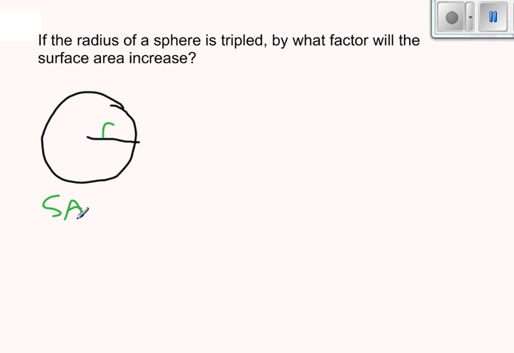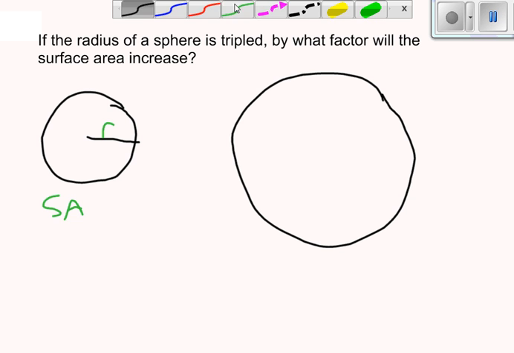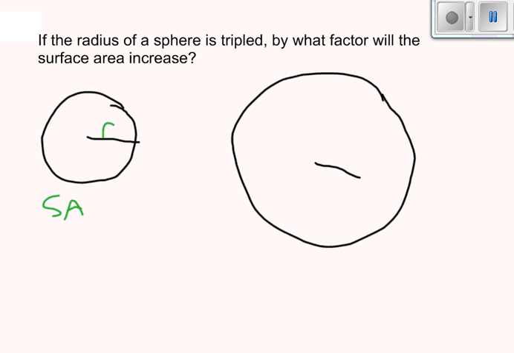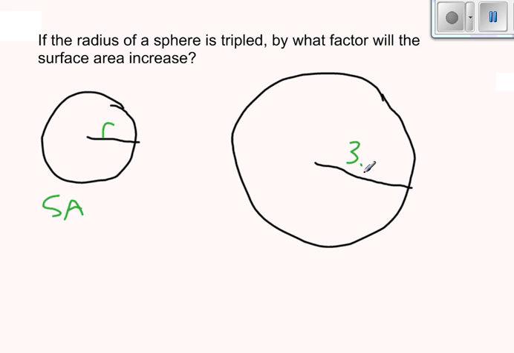Again, I don't know what they are because I don't know r, but I have a sphere with radius r and some surface area. Now I'm going to triple the radius, so obviously a bigger sphere. So I'm going to say that instead of r, we're going to call the radius 3r. And the question is, what happens to the surface area?